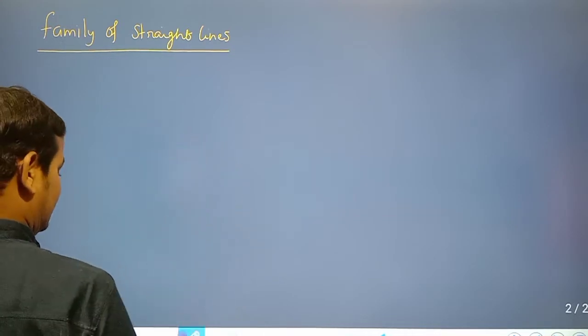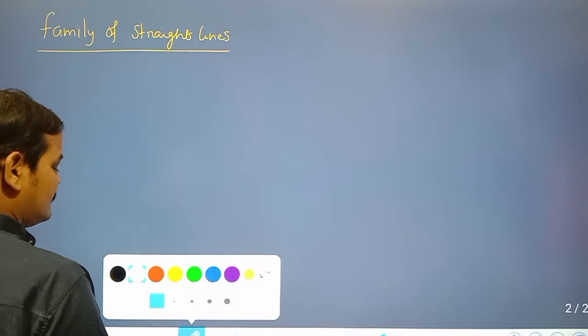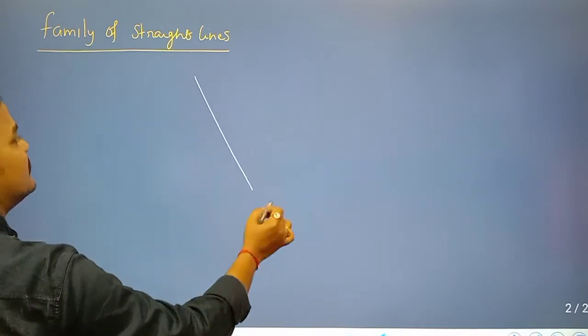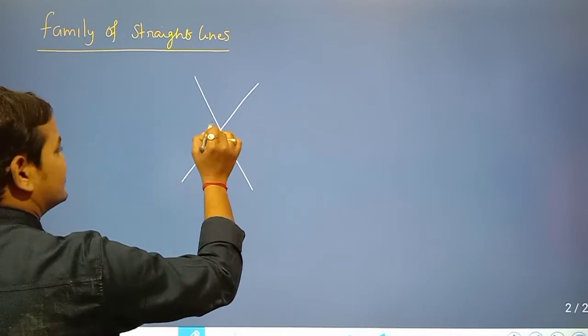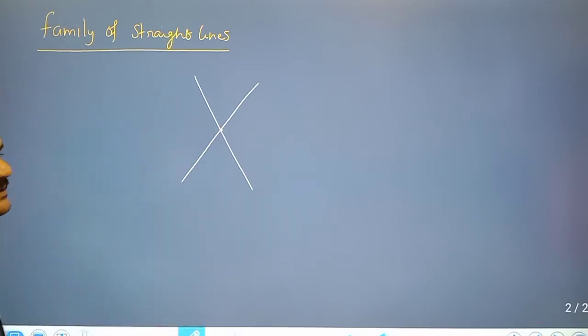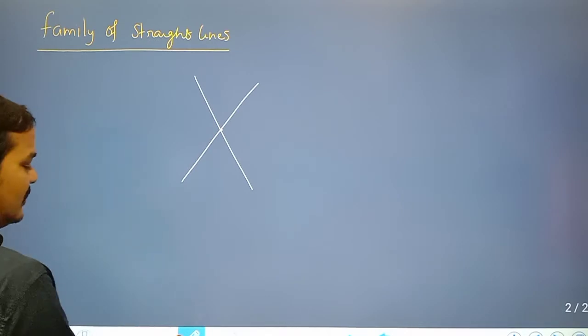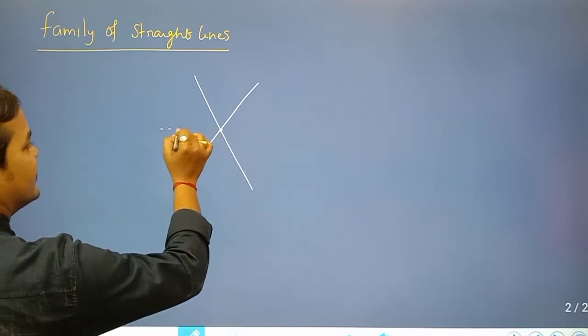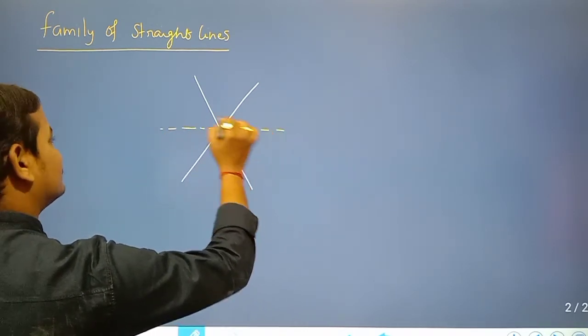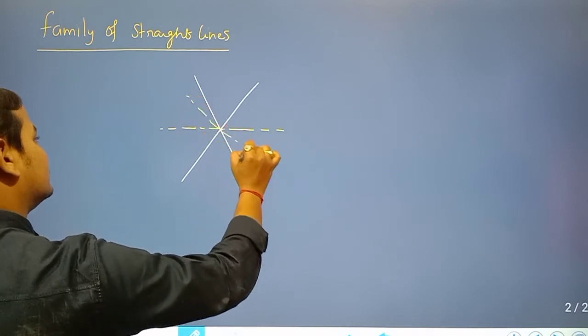You just observe. Here two lines are there. These two lines are intersecting at one point. From this intersection point, how many lines can you draw? We can draw an infinite number of lines which pass through this point.